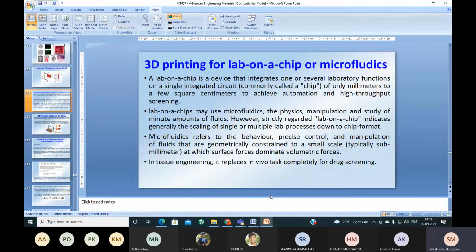Say, for example, you have developed skin on a chip, and if you want to disturb only the fibroblast cells, we have certain chemicals where you can specifically disturb those cells. Once you disturb them, your fibroblast cells will start to die.